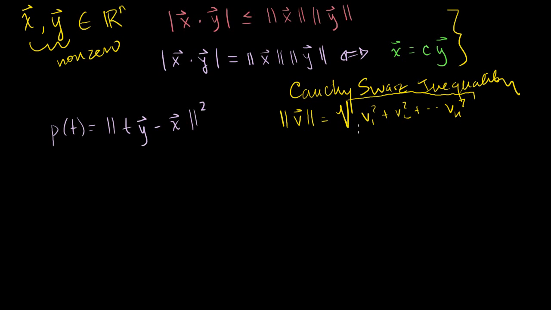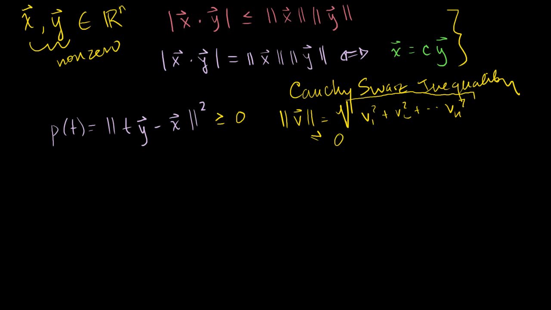When you square a real number, you get something greater than or equal to 0. And then you sum them up, you're going to have something greater than or equal to 0. And you take the positive square root, you're going to have something greater than or equal to 0. So the length of any real vector is going to be greater than or equal to 0.